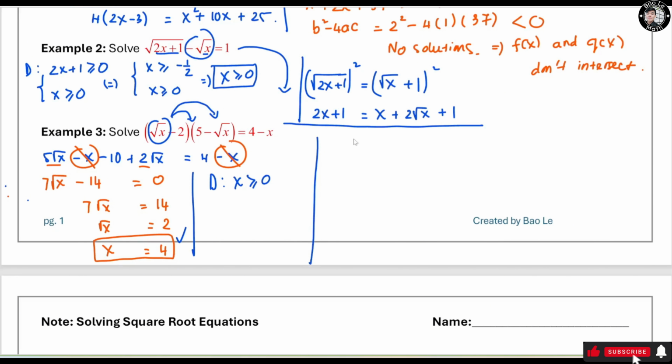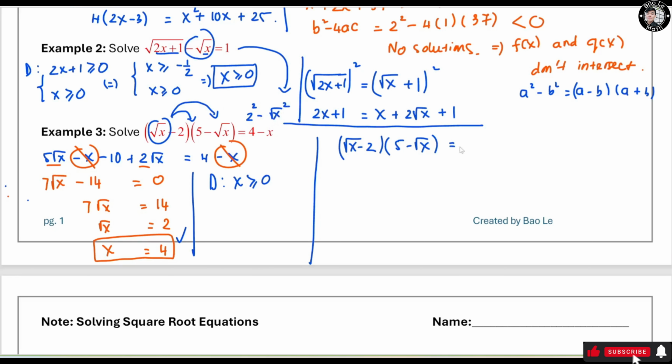Now, second method, I just keep the left hand side. The right hand side, I'm going to use the difference of two squares: a squared minus b squared equals a minus b times a plus b. Now, a in this case is 2, and b in this case is square root of s.